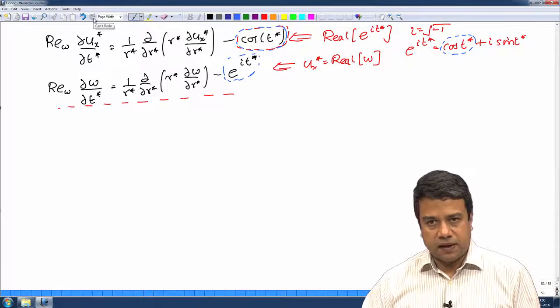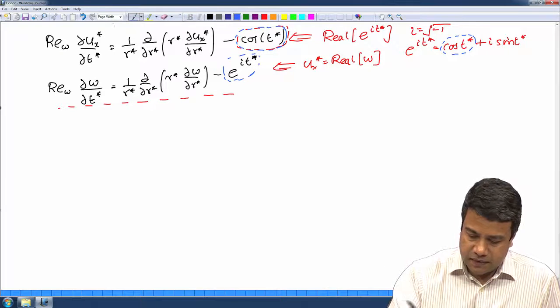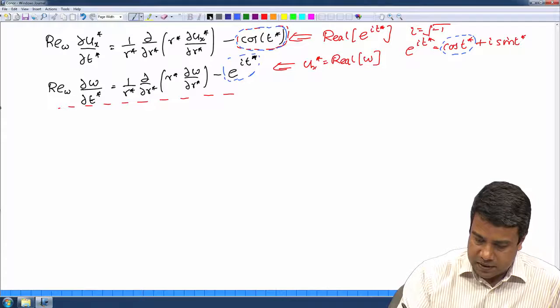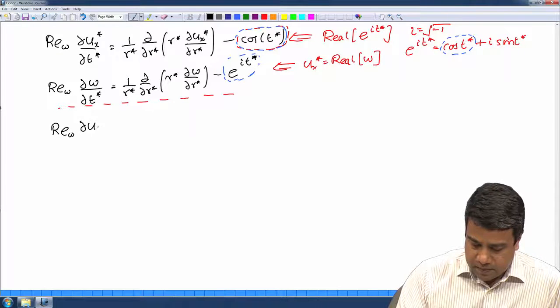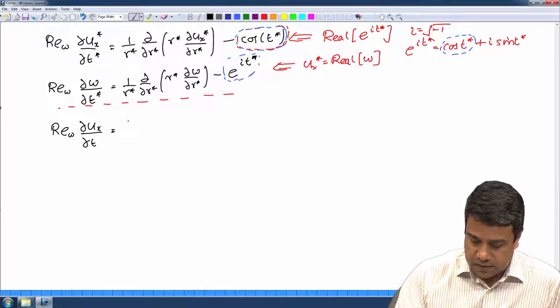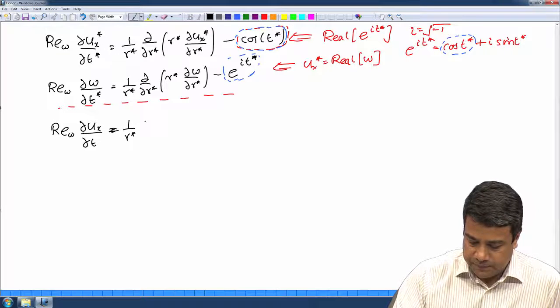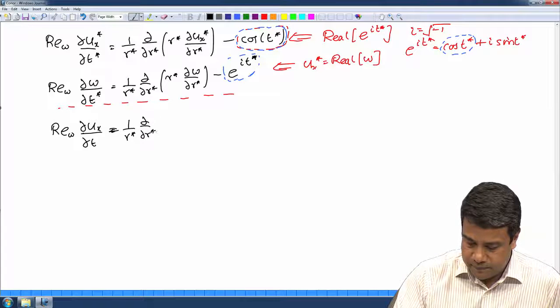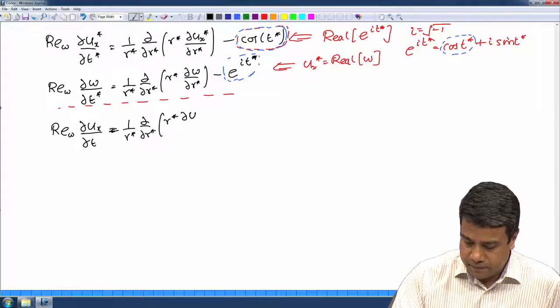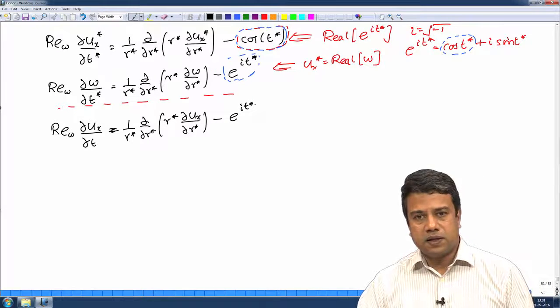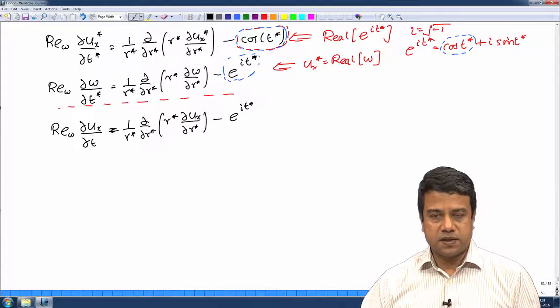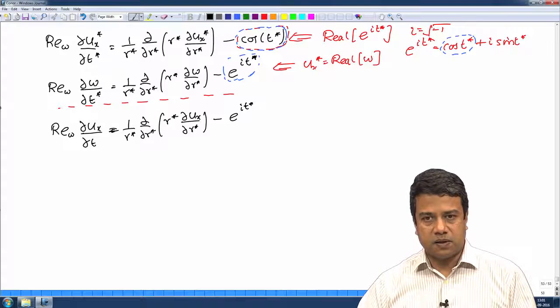So, rather than writing it in terms of w, I will just write it in terms of u x itself. Partial u x by partial t is equal to 1 by r star, minus e power I t star, with the implicit understanding that because e power I t is a complex function, the solution for u x will also be a complex function.